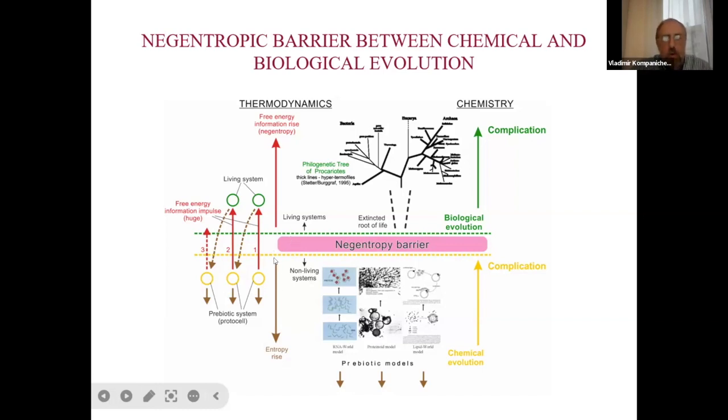We know that all non-living systems exist in the long run with increase in entropy, and prebiotic microsystems as well. While all living systems, especially the biosphere, develop in the opposite thermodynamic direction, with concentrating of free energy and information. These opposite tendencies are well known.